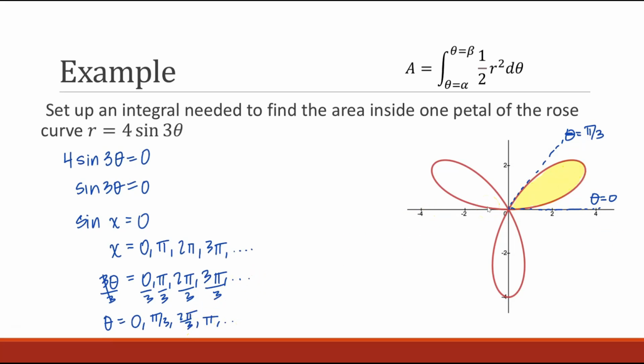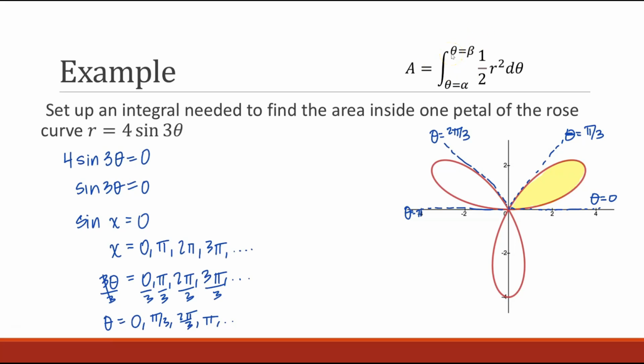So these are the angles over here that trap the next petal in. So this is 2 pi over 3, and then the next one extends to theta equals pi. And then there are more answers, and that would find the bounds of the next petal. So we have enough though. We have what we were trying to find, these limits of integration for our area formula.